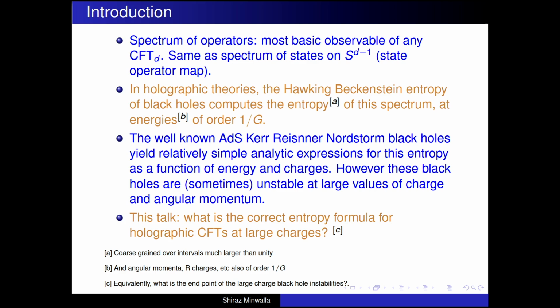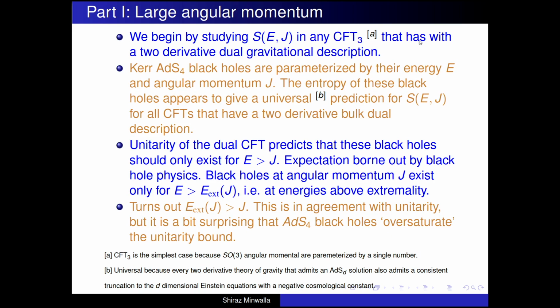So these unstable black holes cannot represent the dual to thermal equilibrium, cannot correctly capture the entropy of the dual field theory. So this talk is dedicated to the following question: what is the correct set of black holes that captures the entropy of these field theories at large charges where the more traditional black holes become unstable?